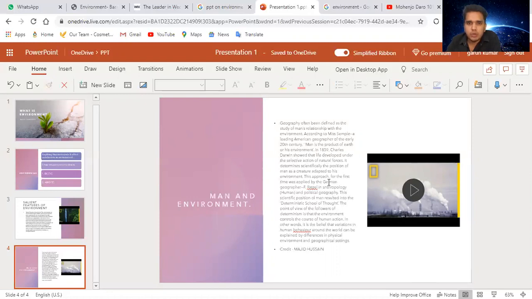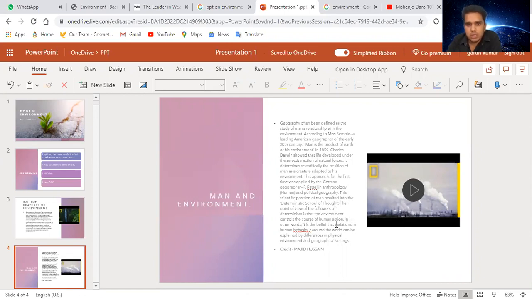This approach was applied for the first time by the German geographer F. Ratzel in anthropology, human and political geography. This scientific position of man resulted in the deterministic school of thought. The point of view of the followers of determinism is that the environment controls the course of human actions.